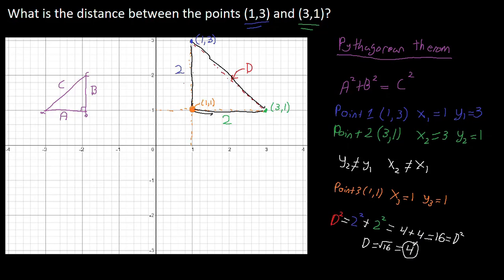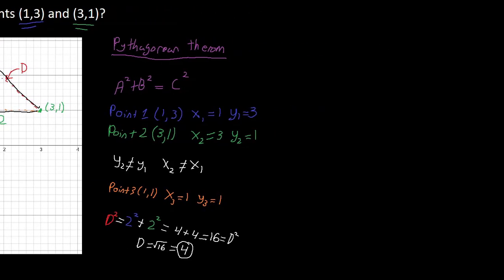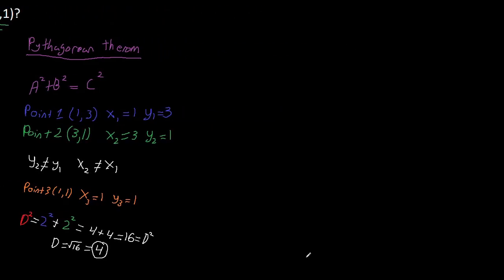So in this case, our distance was equal to 4. Now I want to slide over a little bit, give ourselves some more room to work with, and take this Pythagorean theorem and generalize it out to an equation that we can just plug our points into.